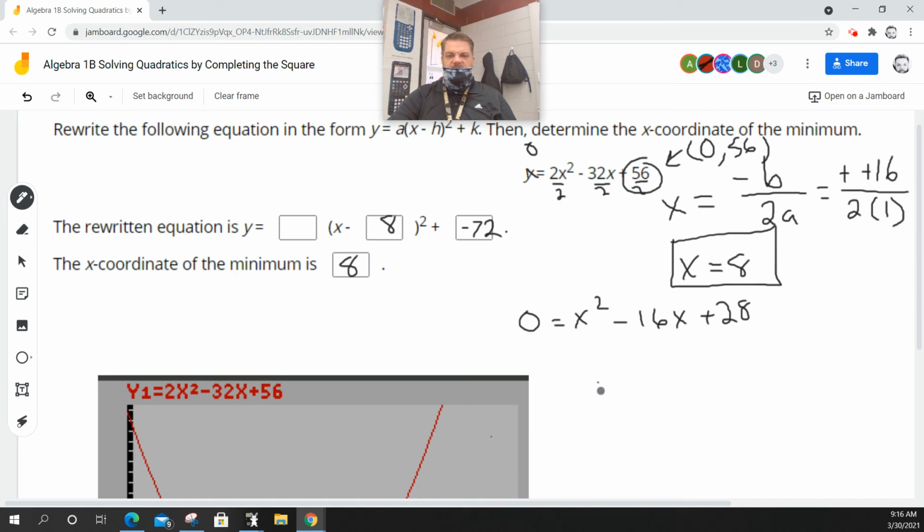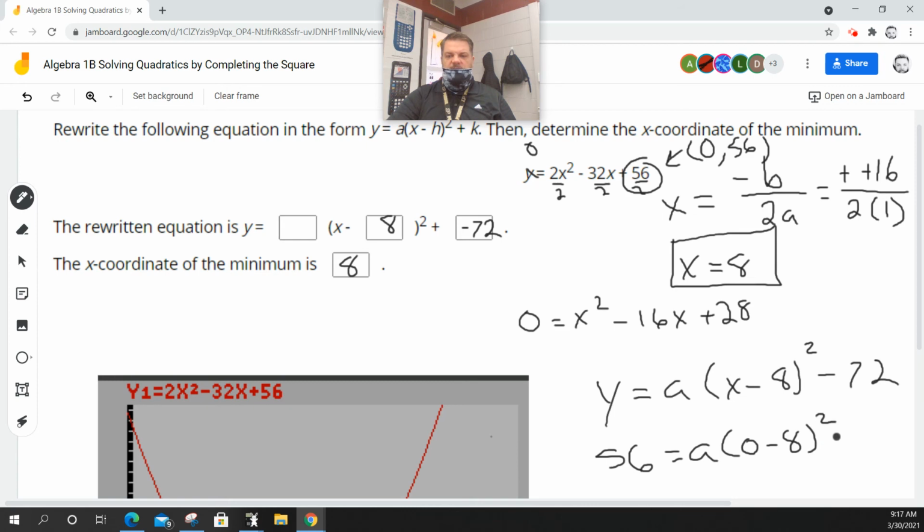So I could take this equation, y equals A times the quantity x minus 8 squared minus 72, and then plug in the point 56 for y and 0 for x, and then solve for A.